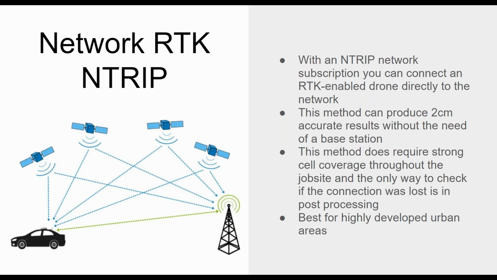Now, one of the main drawbacks of this kind of positioning data is your area of interest has to be in an area of good cell reception during the entirety of the project.